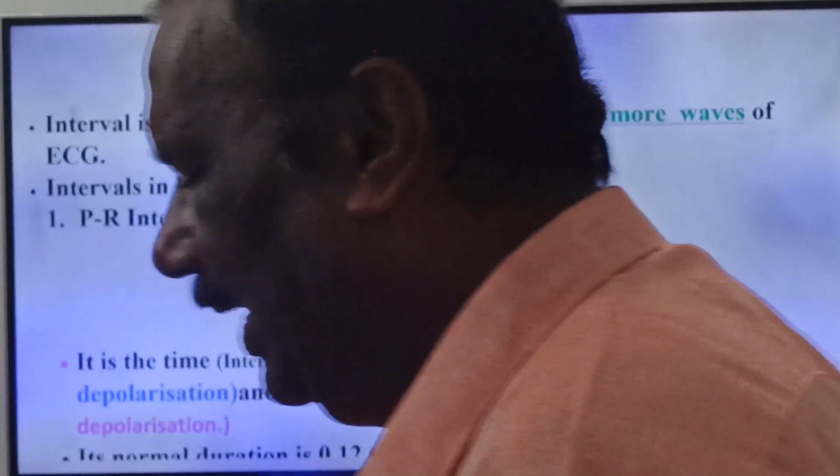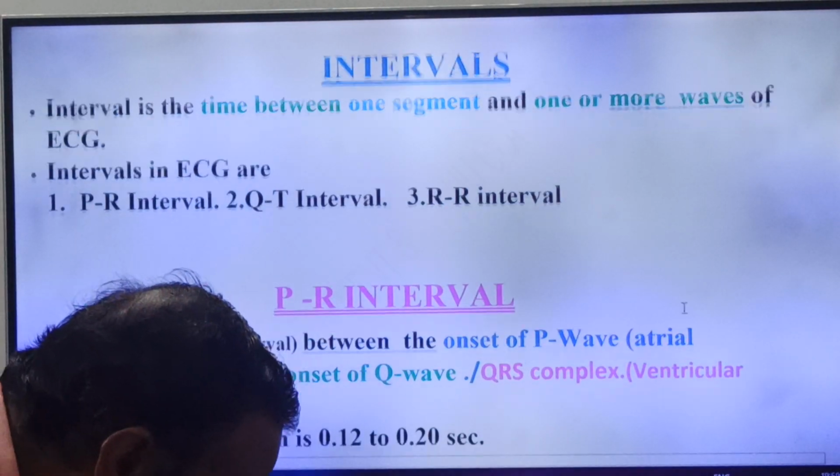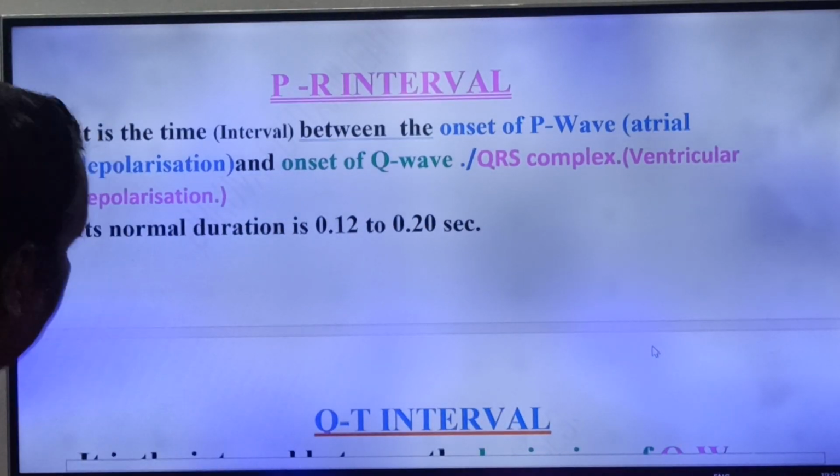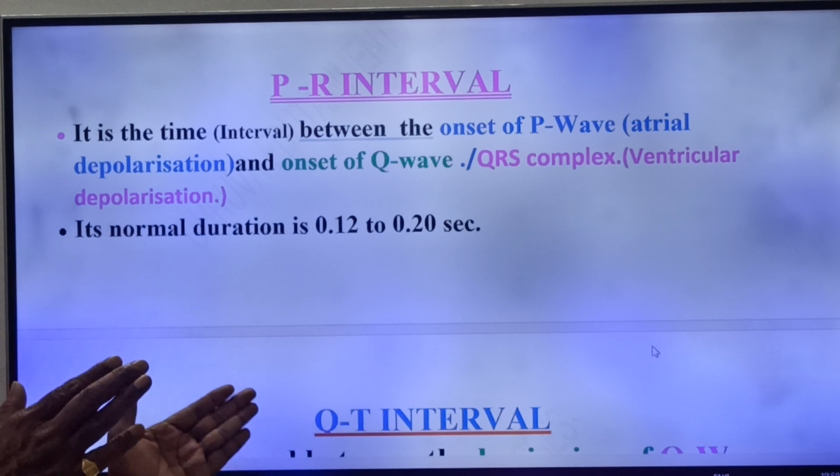First we'll take PR interval, friends. It is the interval between the onset of P wave, onset meaning the beginning of the P wave, and the onset of Q wave, the beginning of the Q wave. That is, the time between atrial depolarization and ventricular depolarization begin.